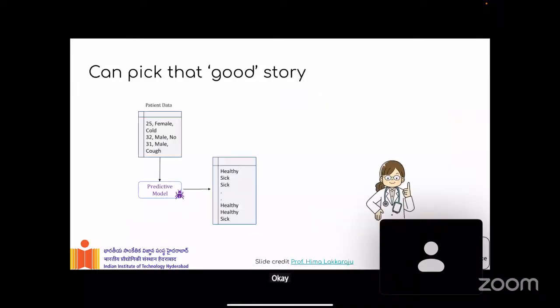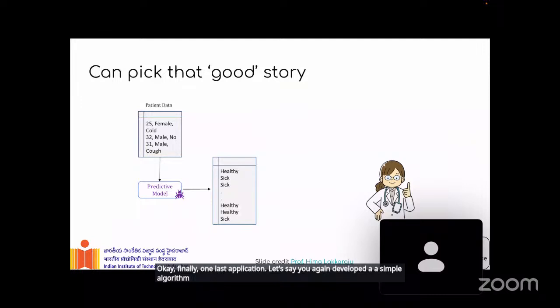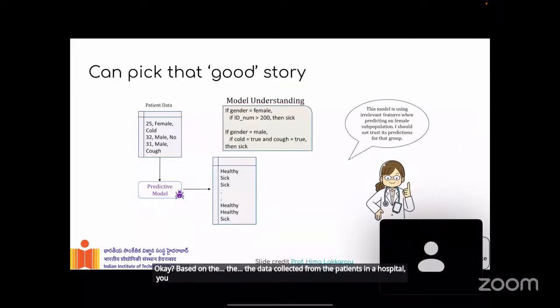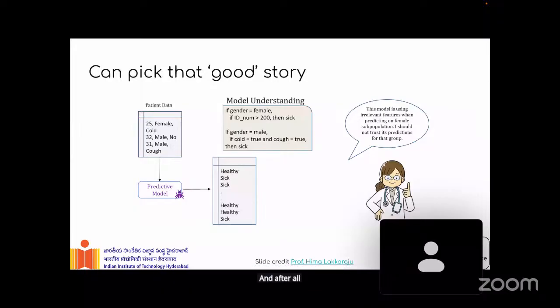Okay, finally, one last application. Let's say you again developed a simple algorithm which is a decision tree. Based on the data collected from the patients in a hospital, you developed a binary classifier which takes in all these features and predicts whether the person is going to be sick or not sick. And after all the training is over, you looked at the model.